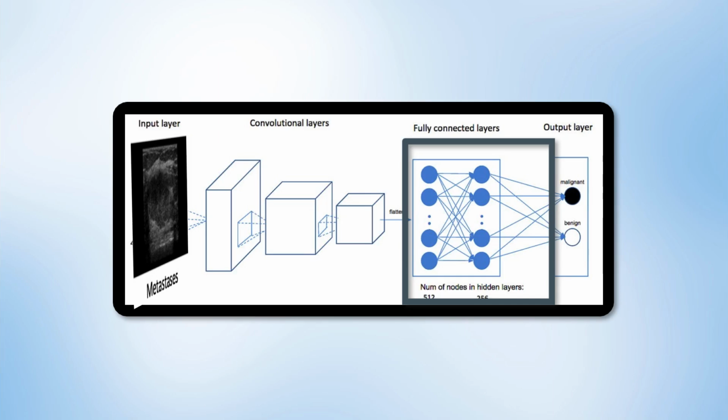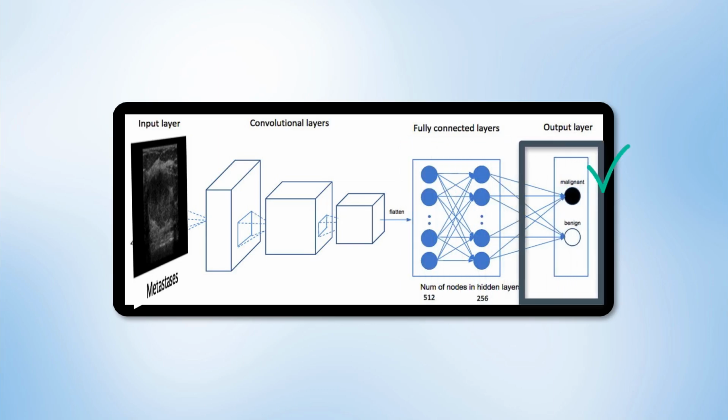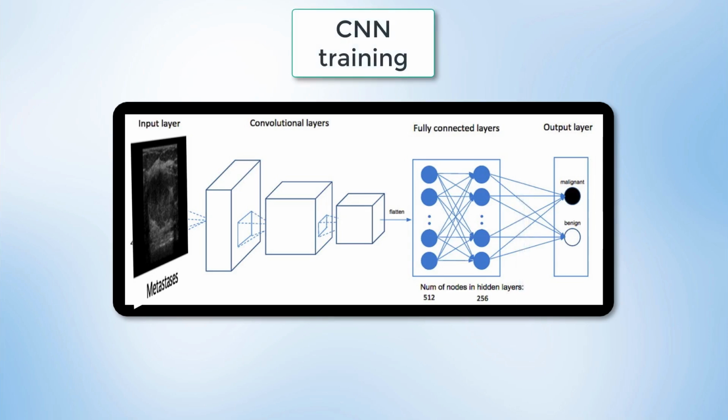Okay, now suppose this neural network was already perfectly trained and it predicted this image correctly according to its label. It is indeed malignant. Now, how does the overall training process work? Well, for the fully connected layer, since ultimately it's just a multi-layered perceptron network, it simply updates its weights and bias values to minimize the total error function based on a gradient descent algorithm.